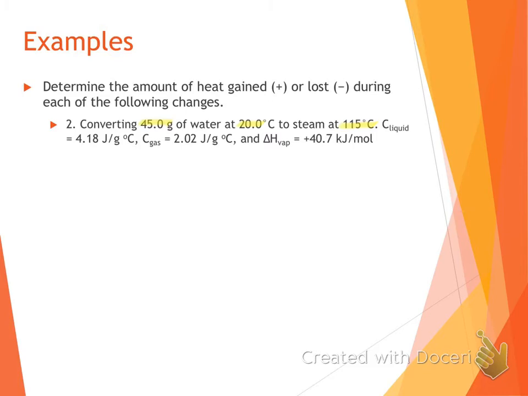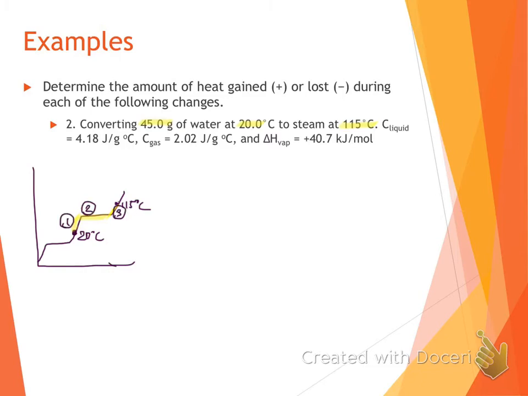When you encounter a problem that includes both temperature and phase changes, we need to draw ourselves a mini heating curve. Once we have that mini heating curve, we can determine where we're going to start and where we're going to end. From 20 degrees Celsius to 115 degrees Celsius is a part of the heating curve that we're interested in. Each line segment is going to require a different part of the process here.